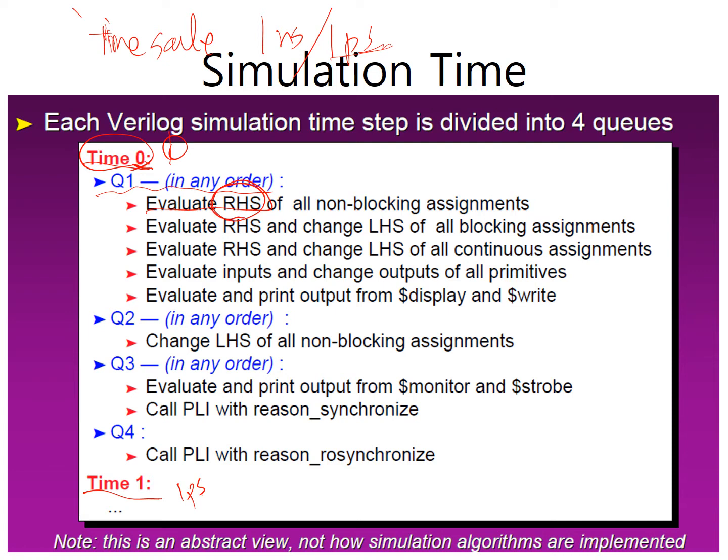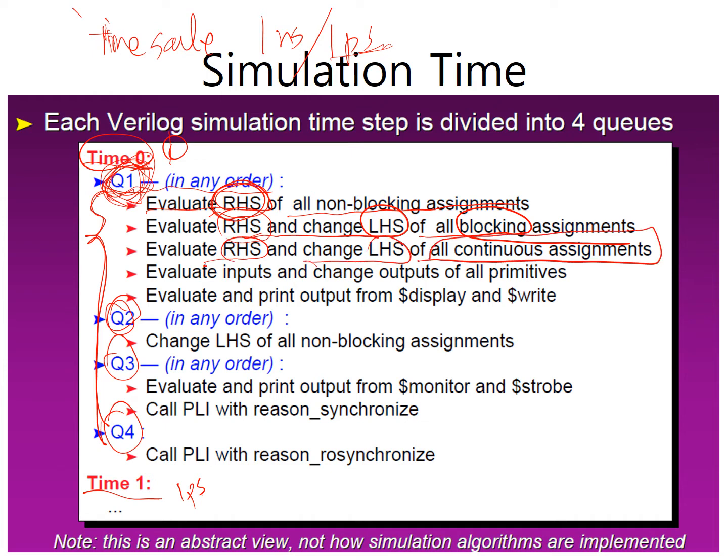It evaluates the right-hand side first. There are 4 different time regions: Q1, Q2, Q3 and Q4. In Q1, it evaluates the right-hand side of all non-blocking assignments, and it evaluates and changes the left-hand side of all blocking assignments. It also evaluates the right-hand side and changes the left-hand side for all continuous assignments, because continuous assignments need to update immediately.